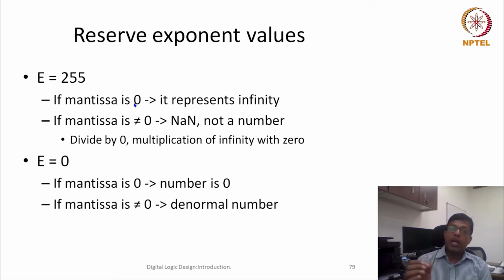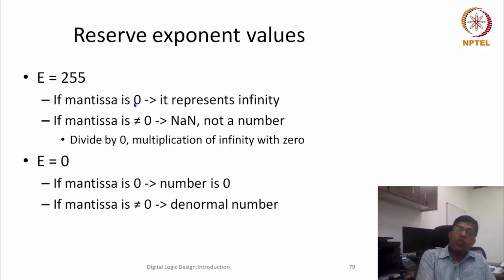Similarly, if you multiply infinity with 0, what is the output? Infinity means it is more than 10 to the power 38 and 0 means it is less than 10 to the power minus 38. If we multiply these two numbers, we don't know what is the output. So this kind of scenario is called not a number. We don't know. These undefined scenarios.